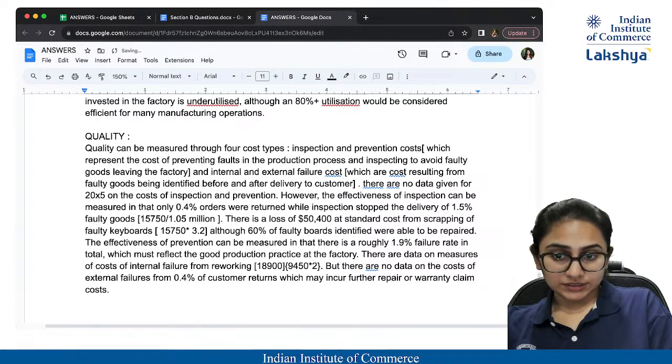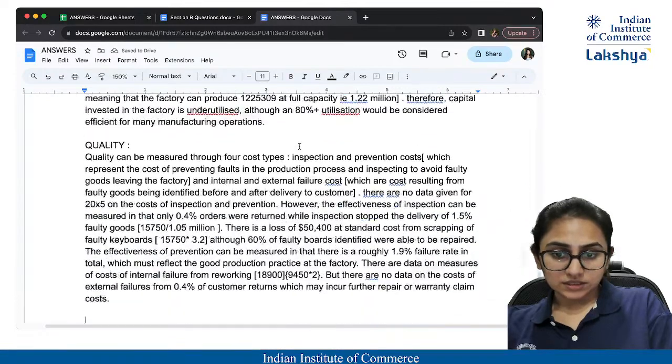This is regarding quality. Now waste is done, quality is done.